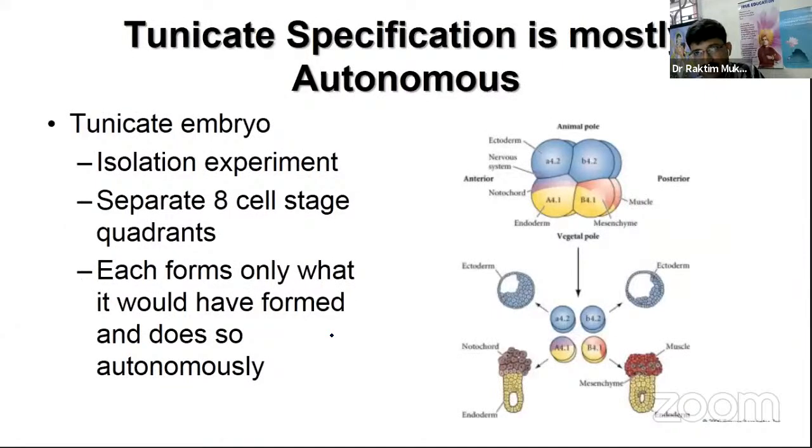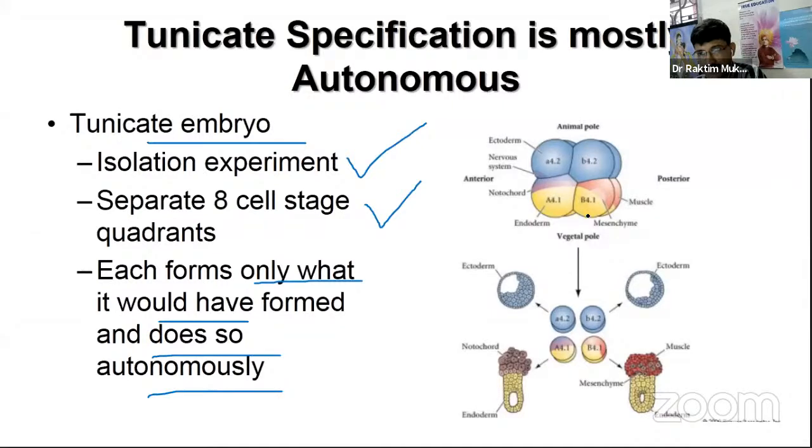Tunicate specification is mostly autonomous, and here you have a tunicate embryo. One of the experiments that was performed was an isolation experiment. Separate 8-cell stage quadrants, that is 4 plus 4. Each forms what it would have formed, and does so autonomously.